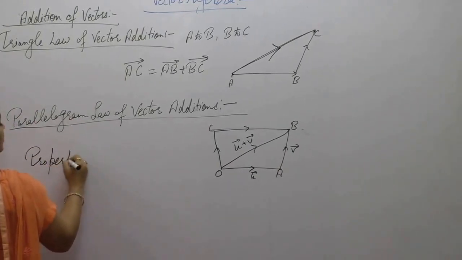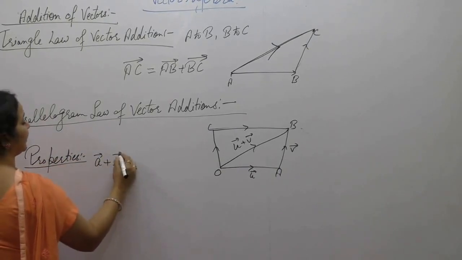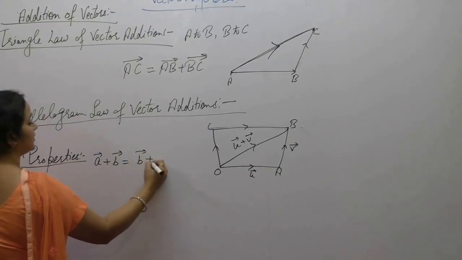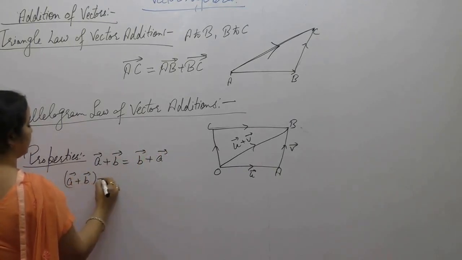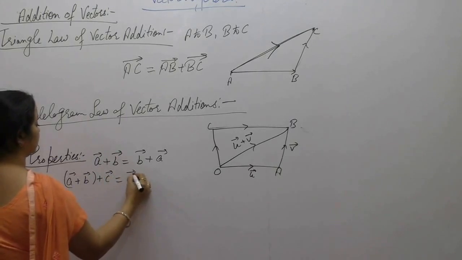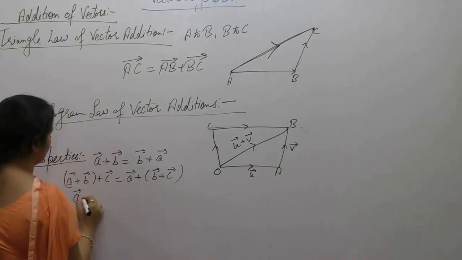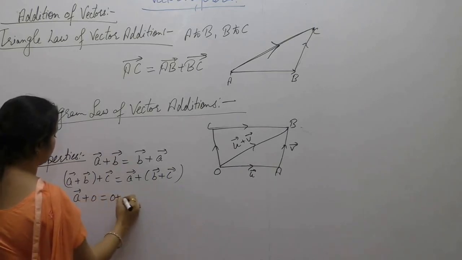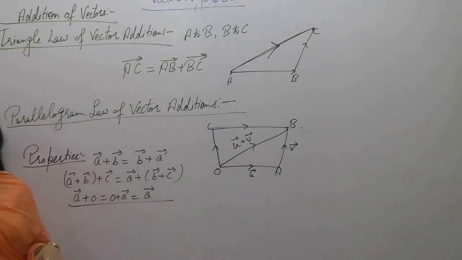Now properties of vector addition. Vector addition is commutative, it is associative, and additive identity is 0. This is called additive identity.